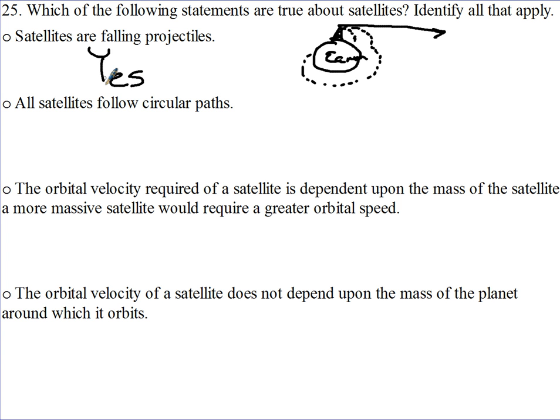The next one, all satellites follow circular paths. Well, what do you think? For the most part, this is not true. I know we approximate them with circular paths, but satellites in general follow elliptical paths.